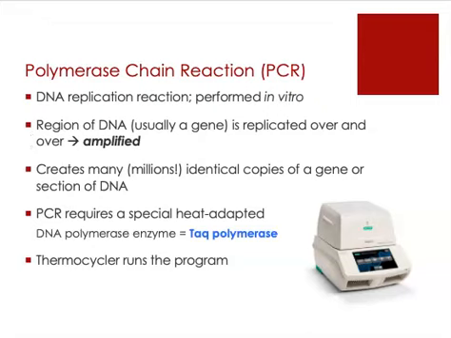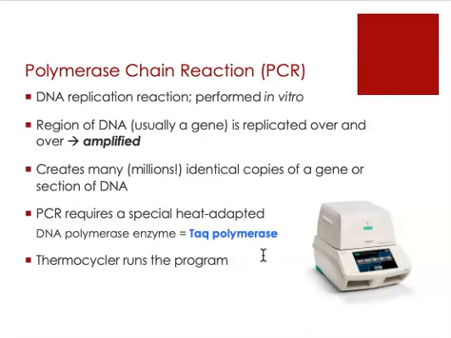Now, PCR requires a very particular type of DNA polymerase in order to work. It's a type of DNA polymerase called Taq polymerase, TAQ. And it's a polymerase enzyme that's going to withstand some of the conditions that we need to perform DNA replication in the laboratory, and particularly the condition of high heat.